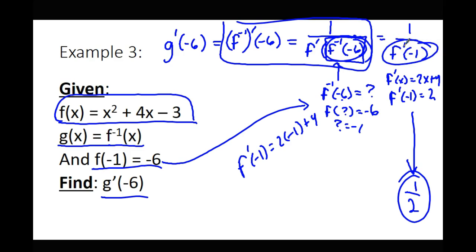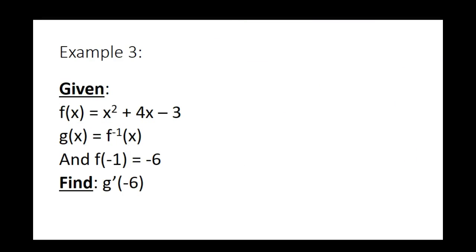So there you go. Every problem's different, but the one I'm going to give you is very similar to this one. You guys ready? There you go. Try to do it without looking at the example. Try to think your way through this problem because your homework tonight, they won't all be set up like this.